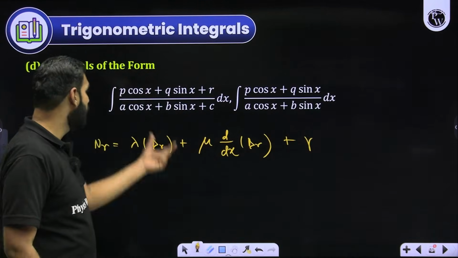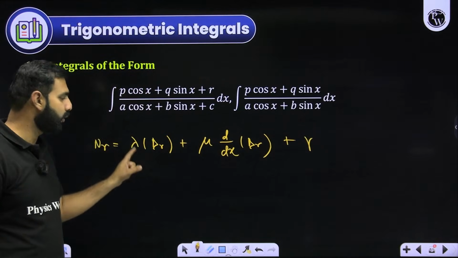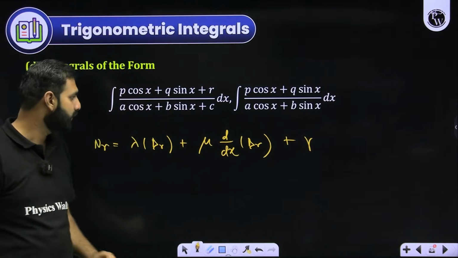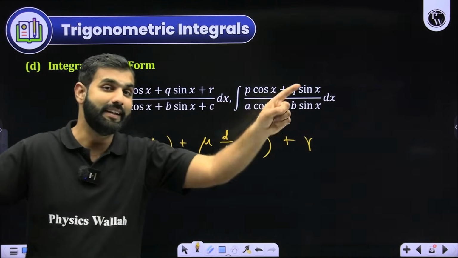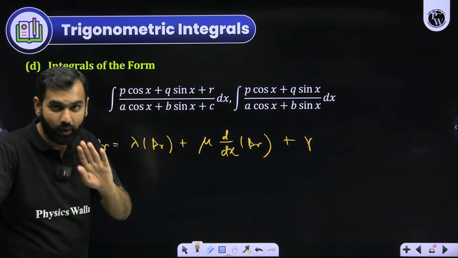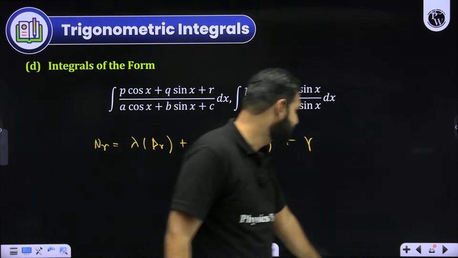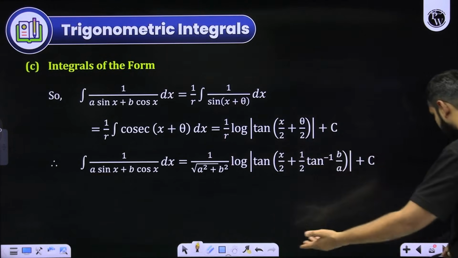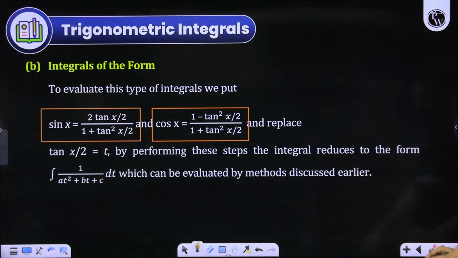And again, when you replace the numerator by this, lambda times denominator upon denominator will leave just lambda. Then mu times derivative of denominator upon denominator will give you ln t. Do you remember that? And plus gamma upon denominator, gamma is basically a constant, so 1 upon this. And 1 upon this is exactly what we have just discussed previously in this particular case. Do you not remember that?